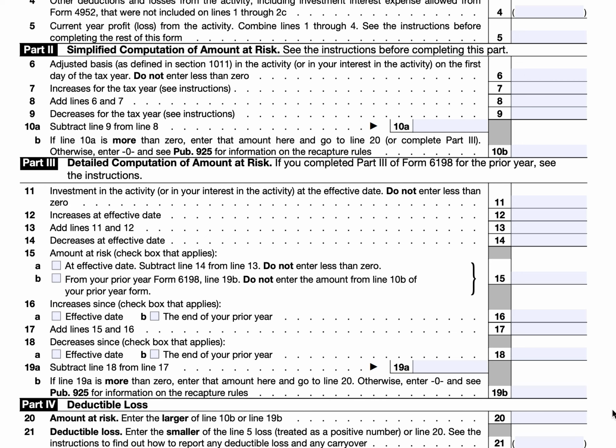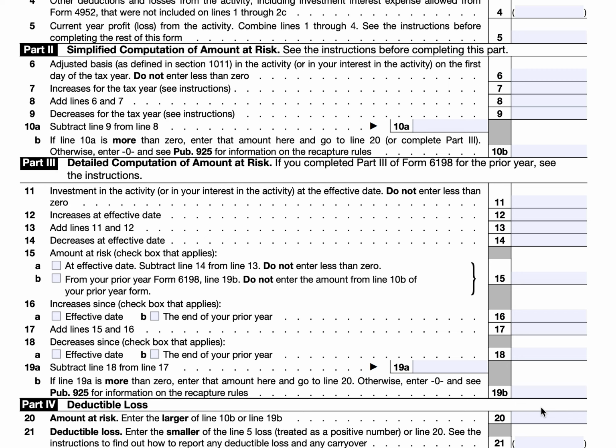If this amount is bigger than line 20, then that means your at-risk rules come into play. And you must limit your deductible loss to the amount that's on line 20, subject to those other limitations.